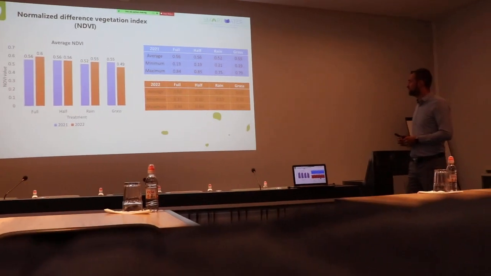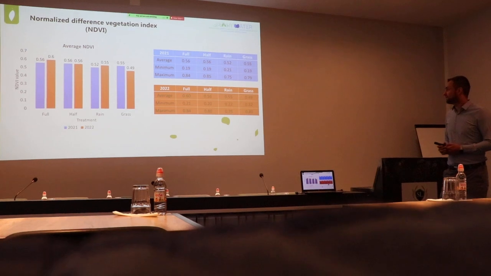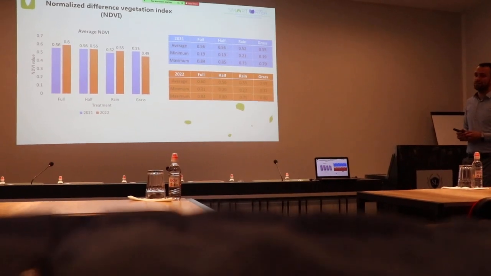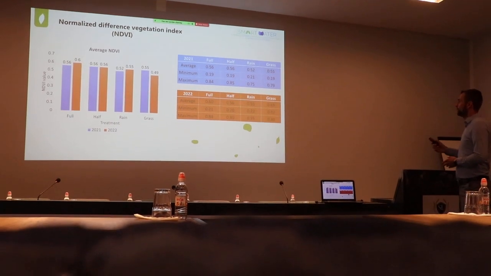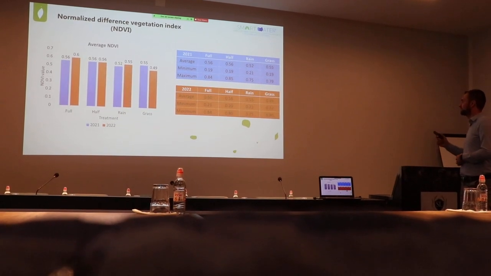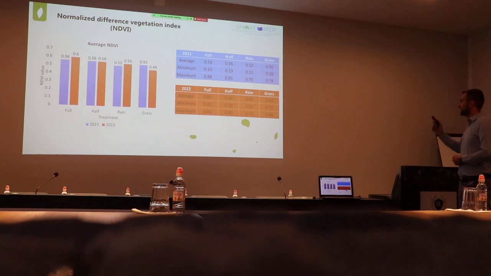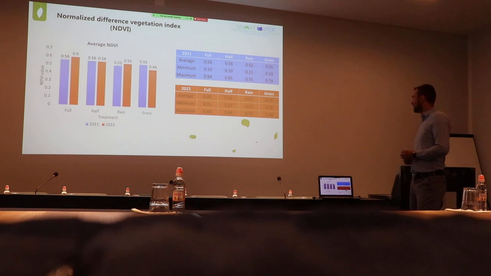Here, in two tables and figures, you can also see some average values of NDVI for each treatment: full irrigation, half for deficit irrigation, without irrigation, with rain, and the plot with grass.